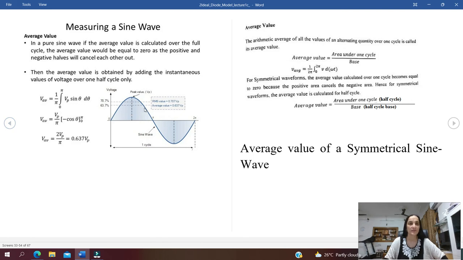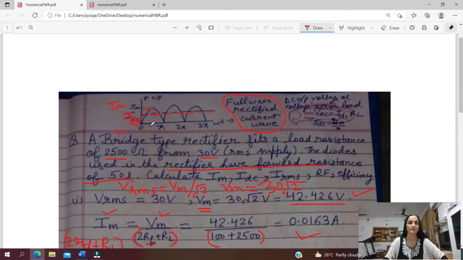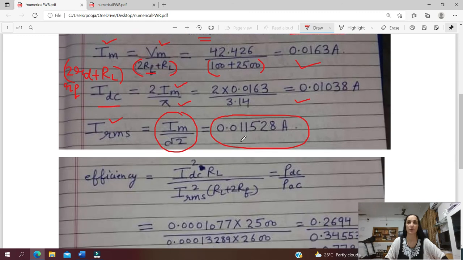The average value is 63.7% of the peak value of an alternating quantity, and the RMS value is 70.7% of the peak value. So the RMS value should lie somewhere here, above your average value. So it is 0.01158 ampere.